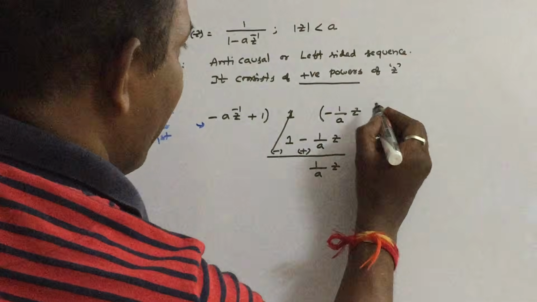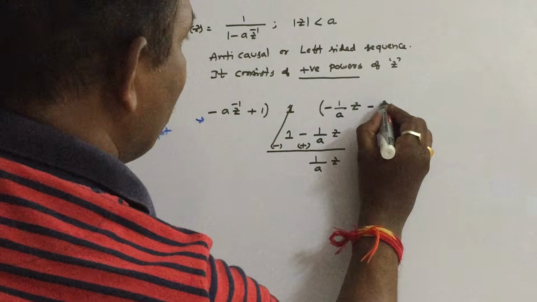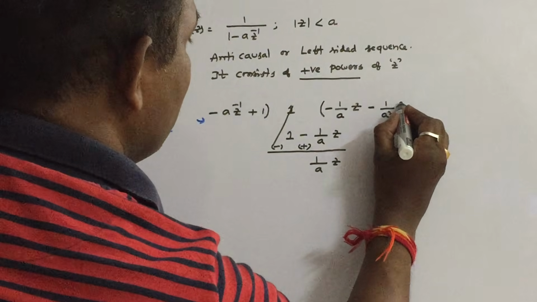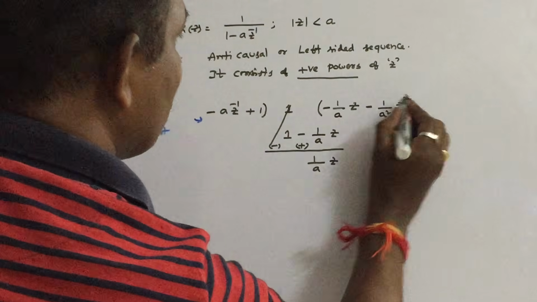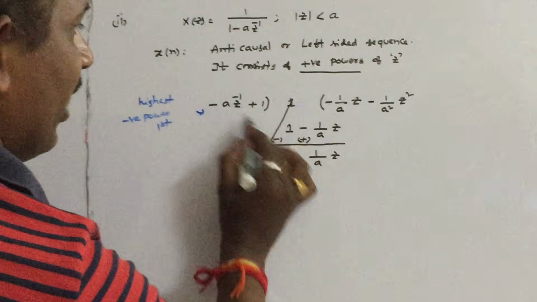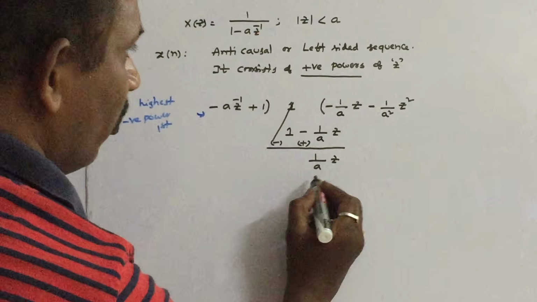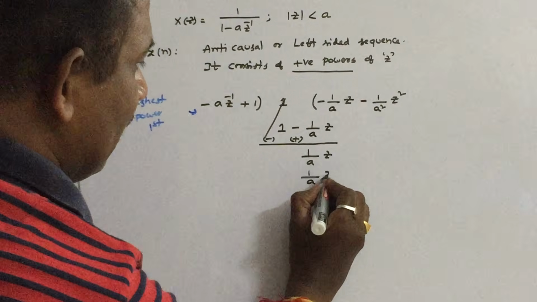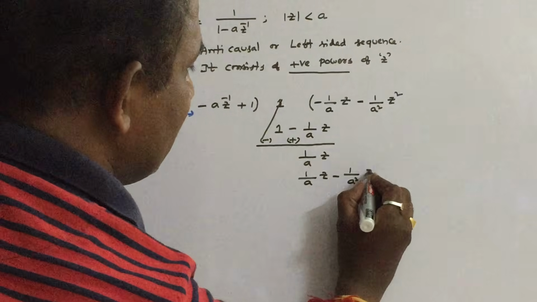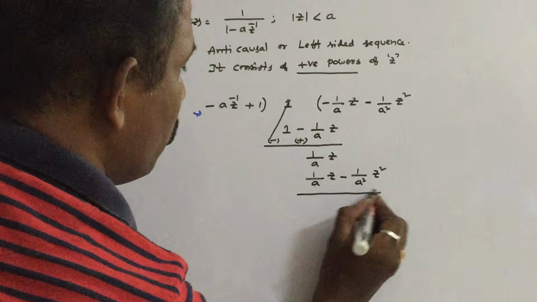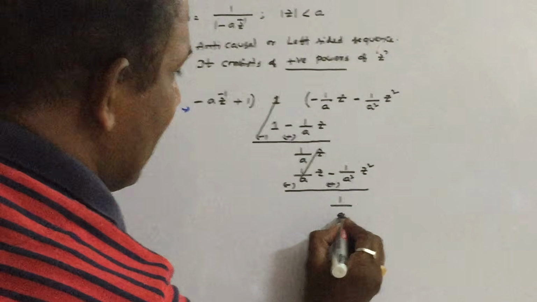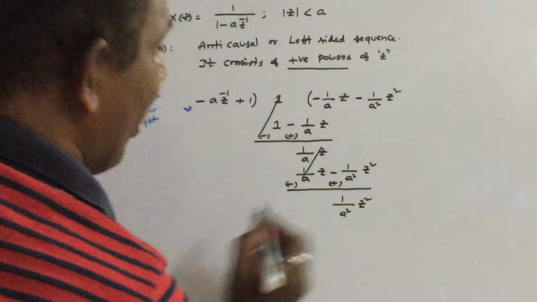To get 1 by a into z, multiply with minus 1 by a square z square. Minus into minus is plus, so it comes out as 1 by a z minus 1 by a square z square. Just cancel out these two, plus 1 by a square z square.